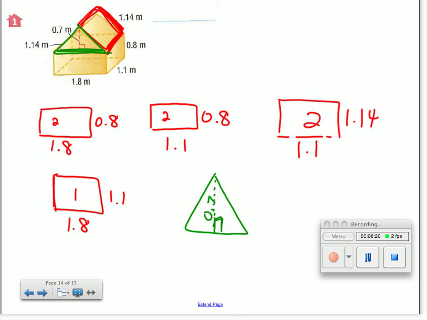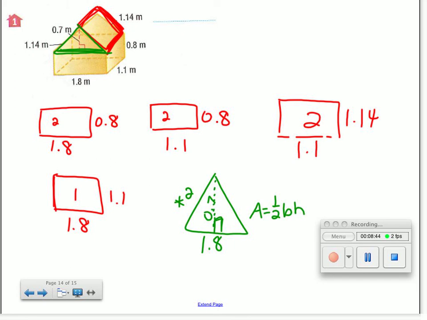Yep, 1.8. Now this formula is different. What's the formula for a triangle's area? Half base times height. Yep, A equals 1/2 base times height. And then how many triangles do you have that are the same? Yep, 2. So just remember you have 2 of these.